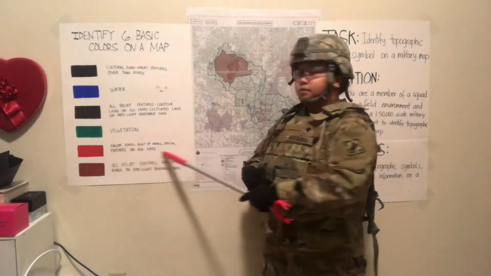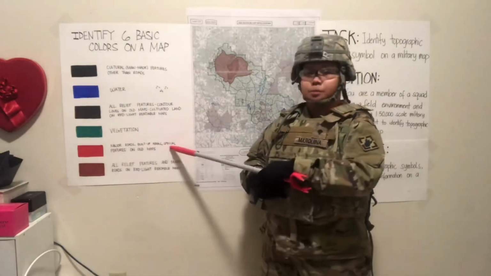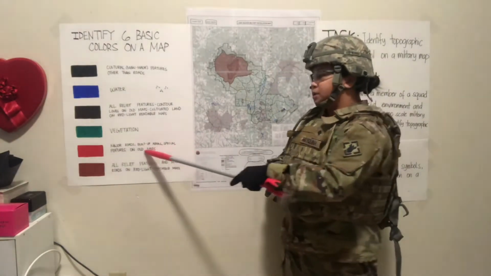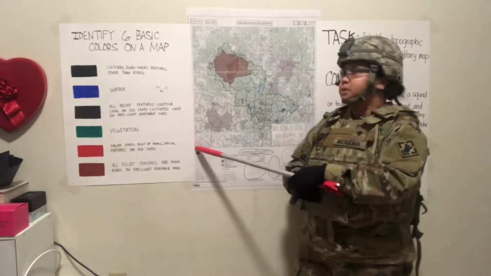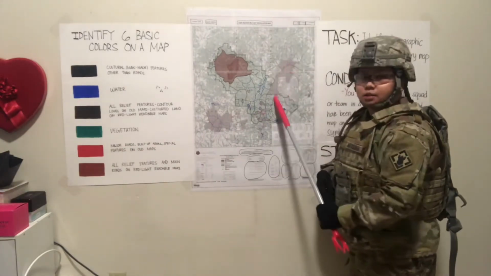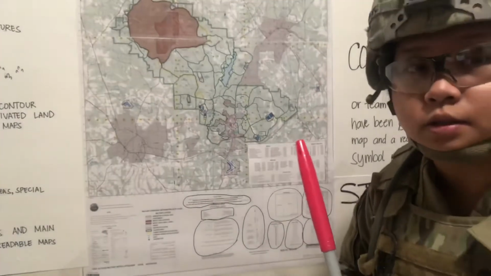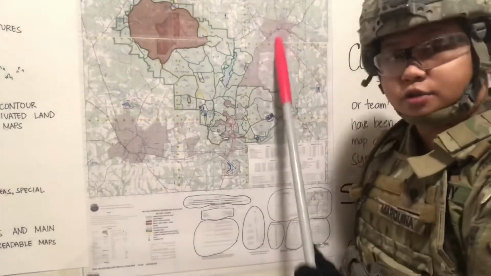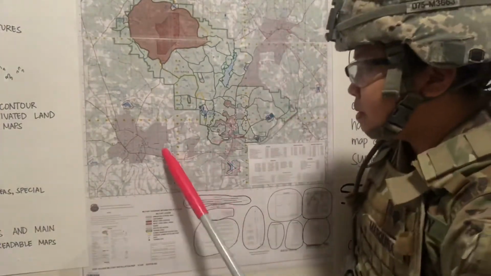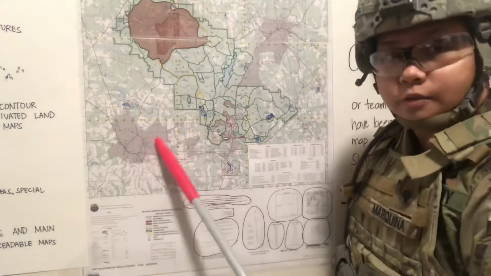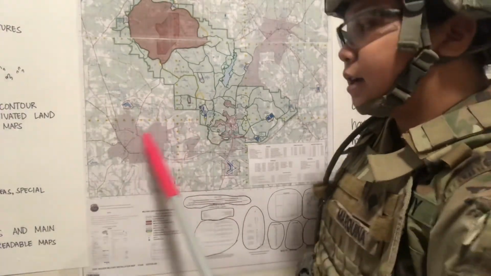For our red, this is major roads, built-up areas, and special features on old maps. So this in here, I'll bring it closer. So this is your red. There are buildings inside of it, okay?